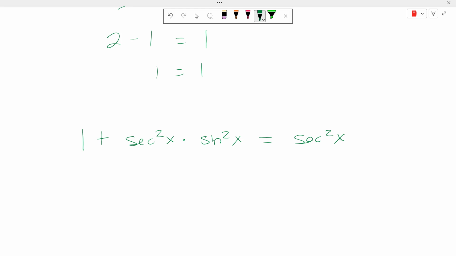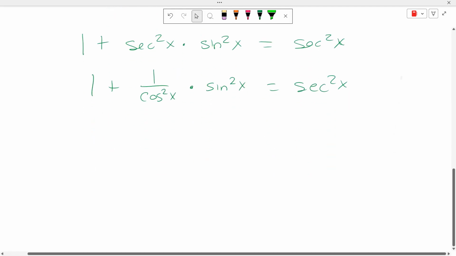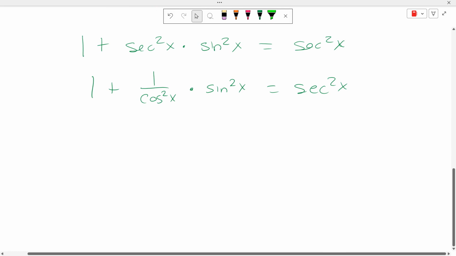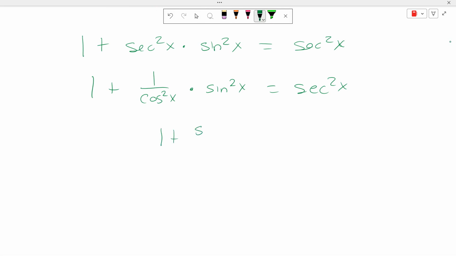What is secant squared the same as? 1 over cosine squared. So then really I have 1 plus sine squared of x over cosine squared of x equals secant squared of x.